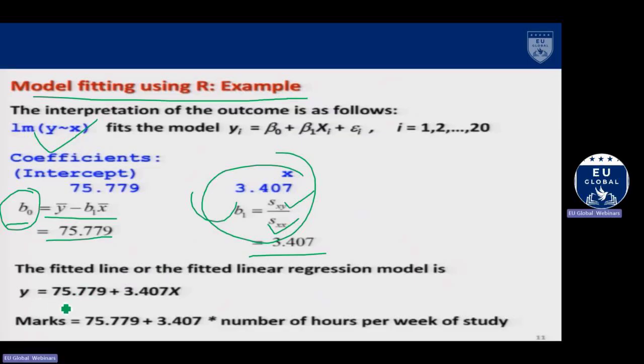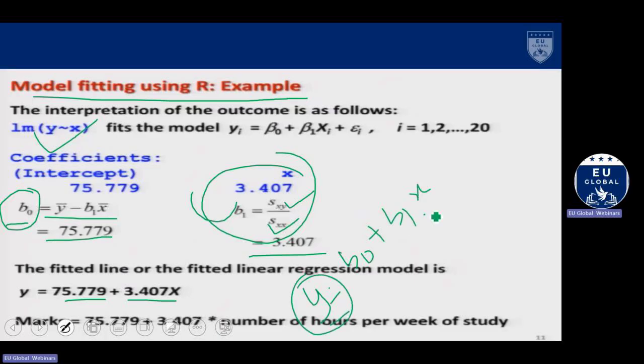So y is equal to 75.779 plus 3.407 x. Now we can represent this in the form of an equation, because we have found b naught and beta 1, and x and y are given to you. In future, if the value of x is given to you and you want to know the value of y, you can use the equation y is equal to b naught plus beta 1 x.